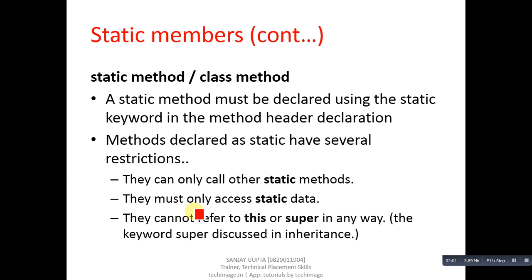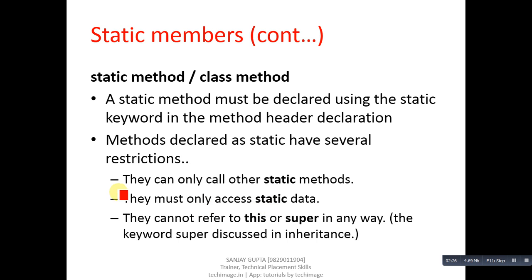They must only access static data. They cannot refer to this or super in any way. This and super are discussed in my later tutorial. You can learn about these in those tutorials. So the first point says a static method can access only static methods and only static data.